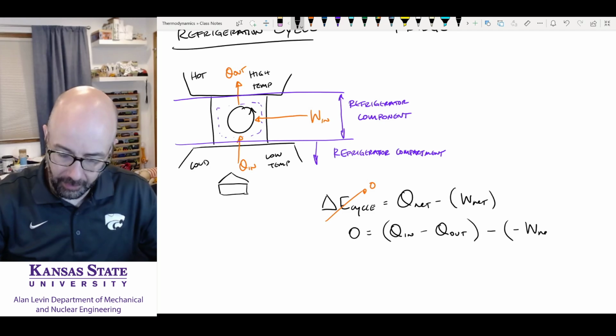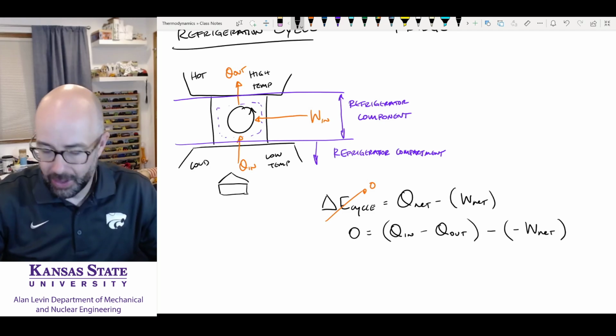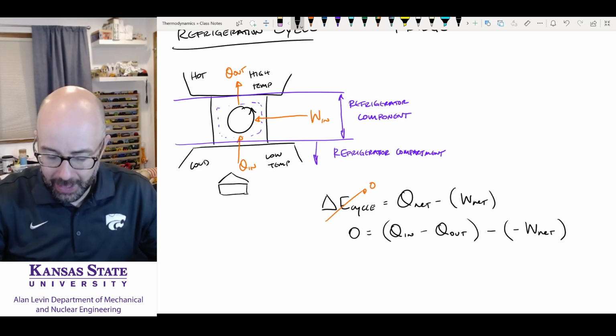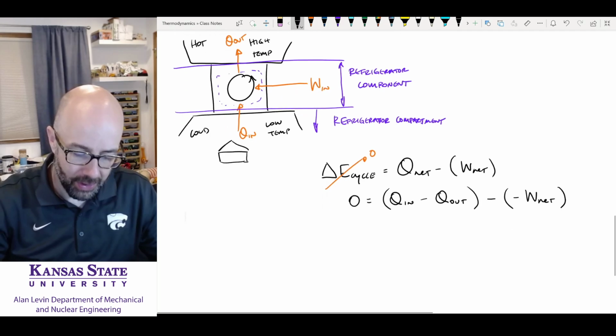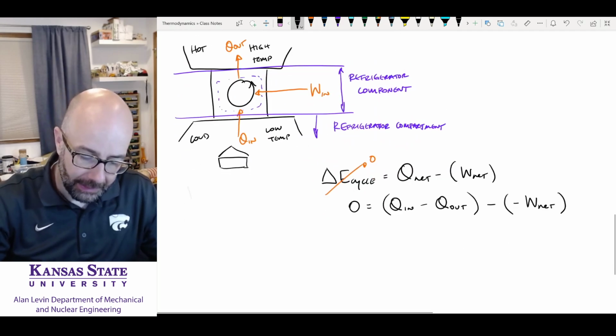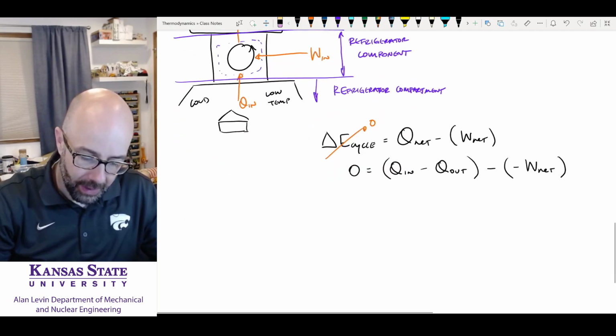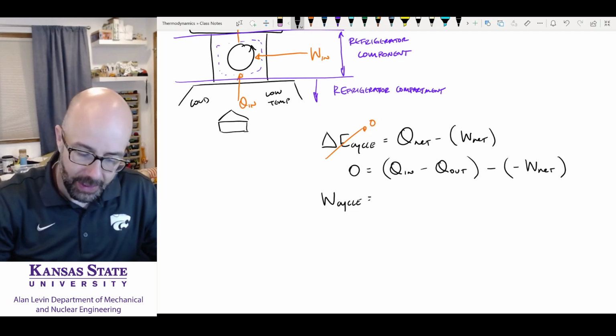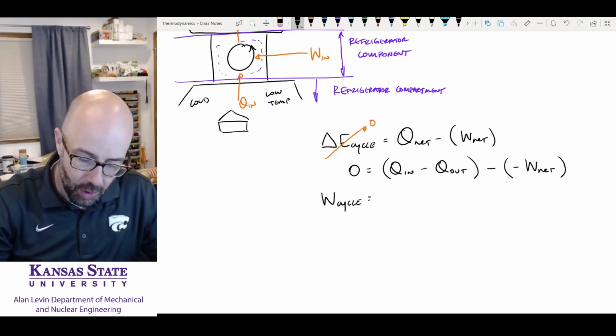Okay? And I could call this work cycle if I wanted to. So now what's going to happen? These two negatives create a positive, and now if I want to solve this equation, I could say that the work of the cycle is equal to, if this is positive, I have to move these things to the other side of the equation. It's going to be Q out minus Q in.